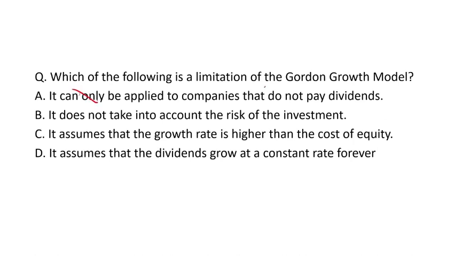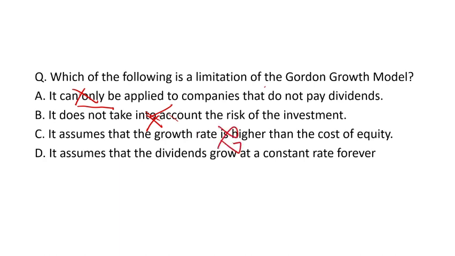First of all, wherever it has mentioned only, it can be applied only to companies that do not pay dividend. If it is not paying dividend, then how can you apply the Gordon growth model there? So it is not possible. It does not take into account the risk of the investment, so this is not correct; risk is considered. Third, it assumes that the growth rate is higher than the cost of equity.